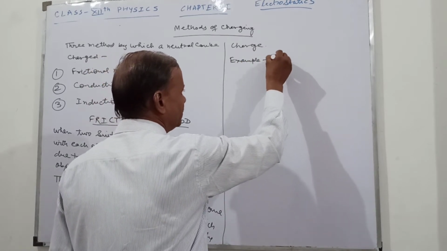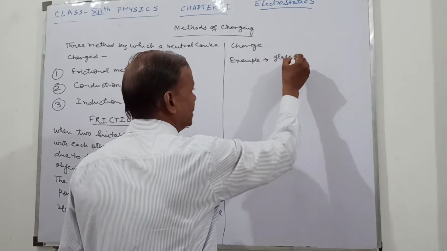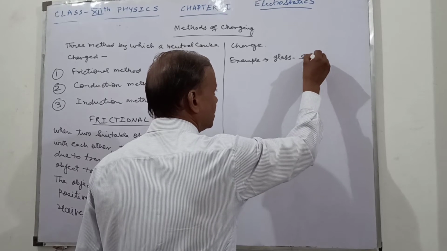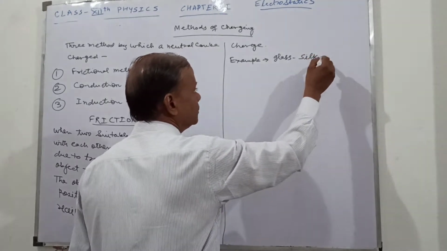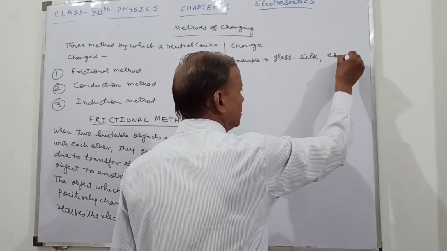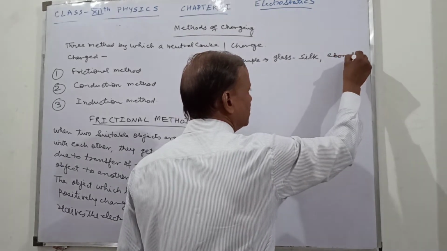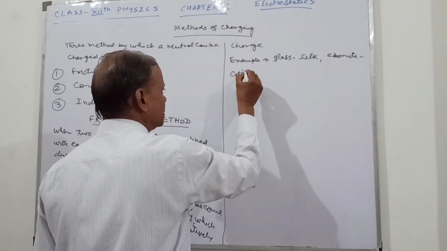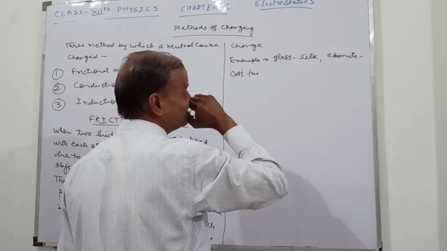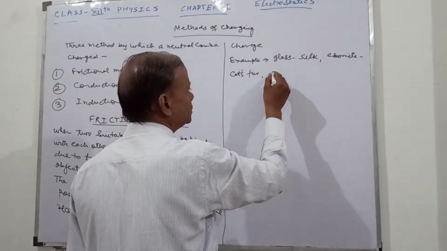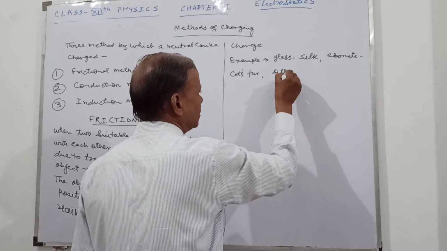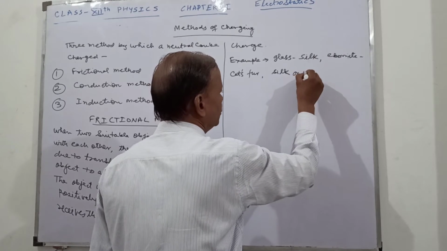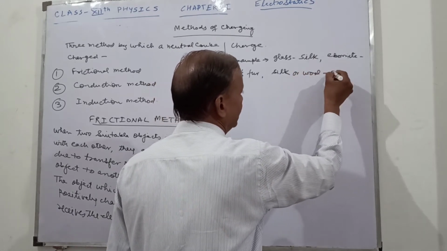Examples: glass and silk, ebonite and cat's fur, silk or wool and the human body.